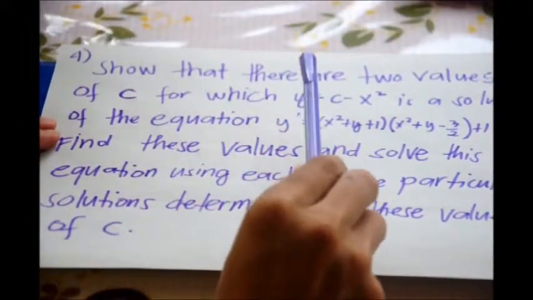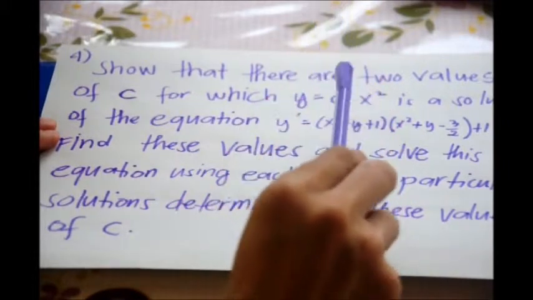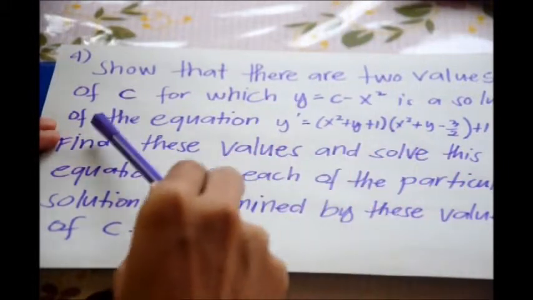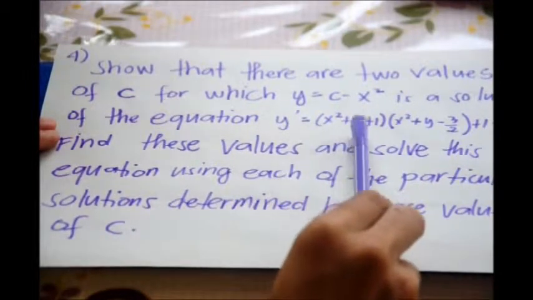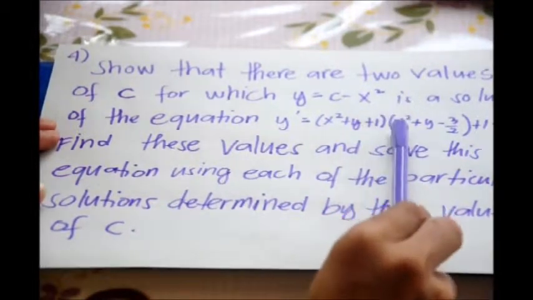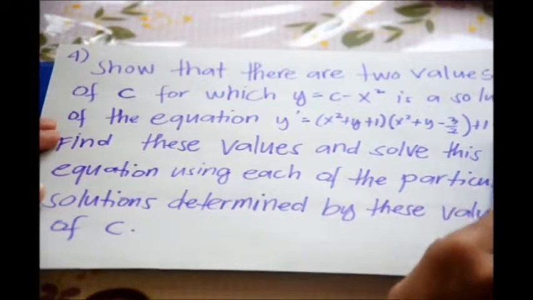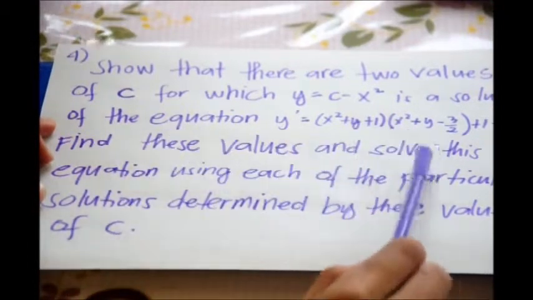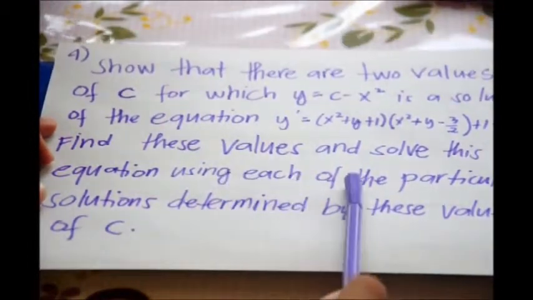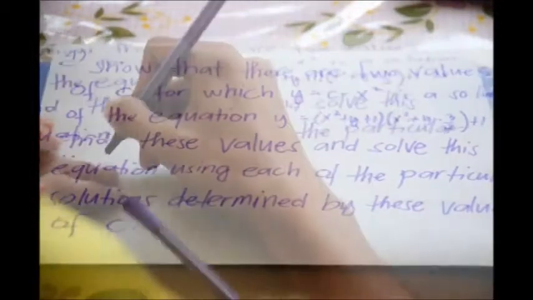Show that there are two values of c for which y equals c minus x squared is a solution of the equation y prime equals x squared plus y plus 1 times x squared plus y minus 3 halves plus 1 minus 2x. Find these values and solve this equation using each of the particular solutions determined by these values of c.